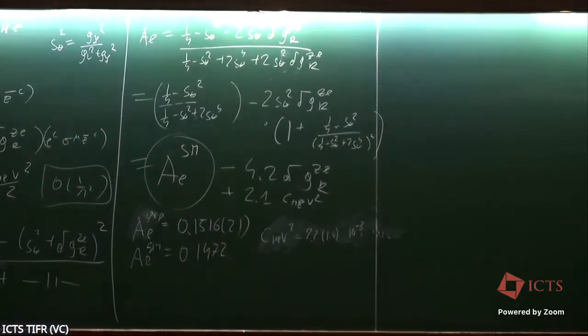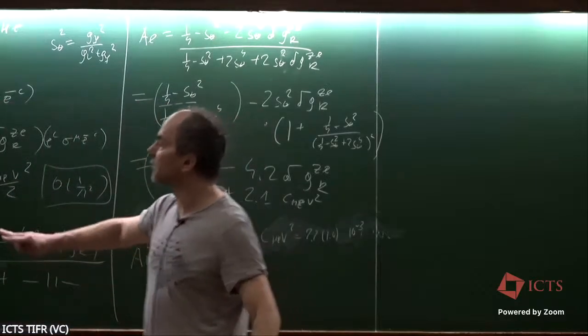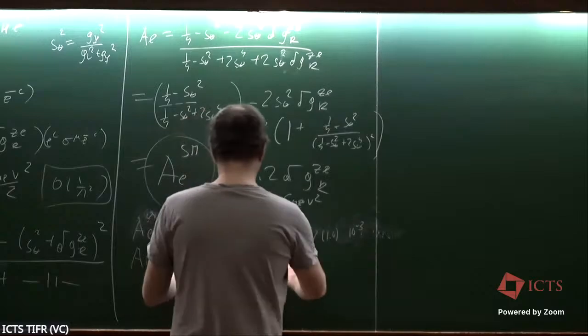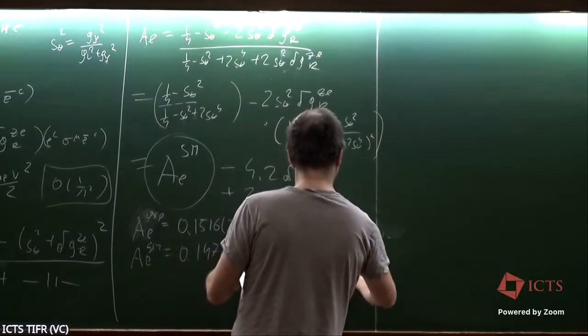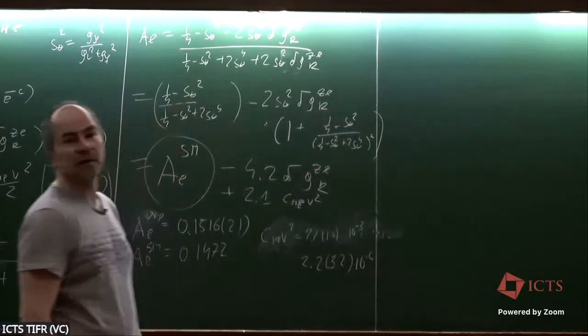So if you assume that this is the only operator, and you make a global fit to all the observables that I listed there, you're getting a stronger number. You're getting something like 2.2, 3.2 times 10 to the minus 4. So you can get an error smaller by a factor of 3.